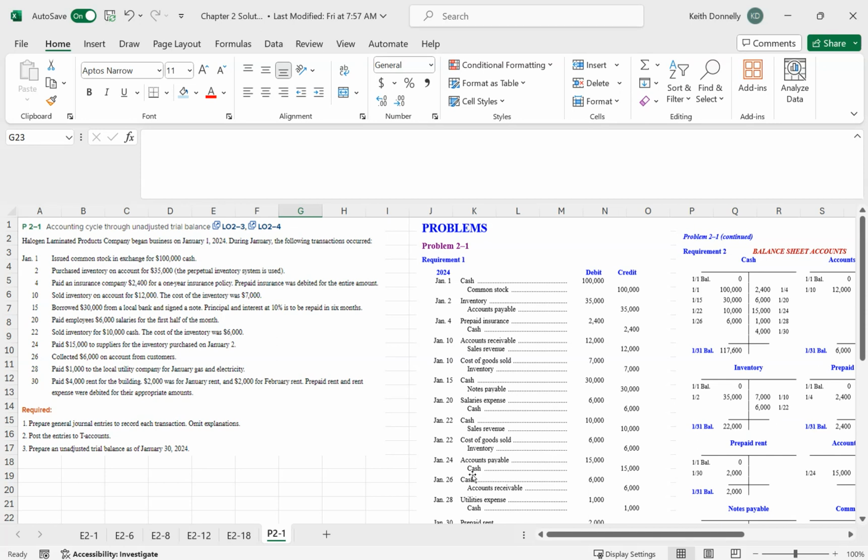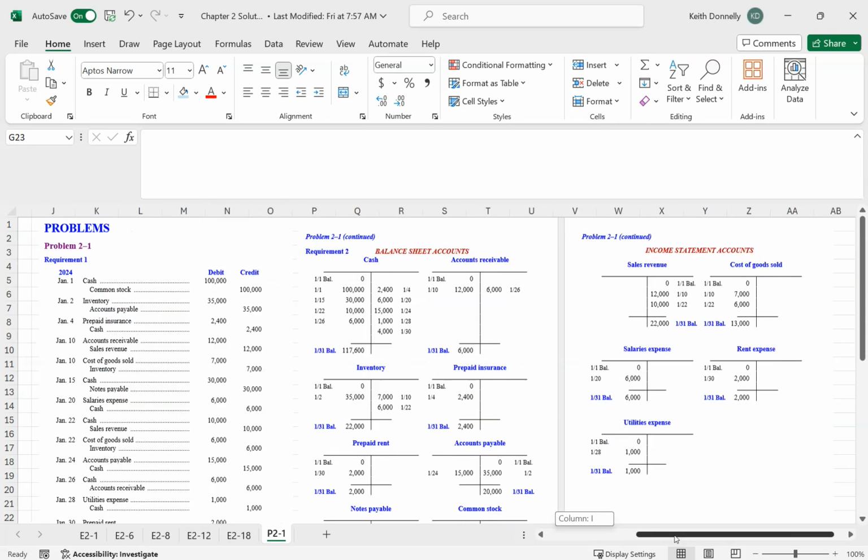And then every time you do the journal entry, you have to post it over to the T account. So our cash here, $100,000 debit on January 1st. You can see it right there, $100,000. Inventory, 35. You can see every one, the 100, the 100, the 35, the 35, you carry over to those T accounts. It's like general journal to general ledger.